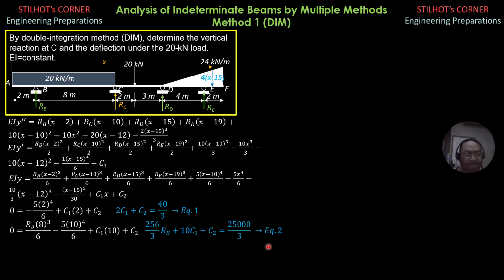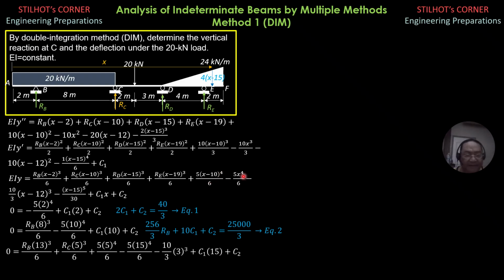Next, we set x equals 15, then y is 0, into this equation. So 0 equals R_B times 13 cubed over 6 plus R_C times 5 cubed over 6, plus 5 times 5 to the 4th over 6 minus 5 times 15 to the fourth over 6, then minus 10/3 times 3 cubed, then plus C_1 times 15 plus C_2.